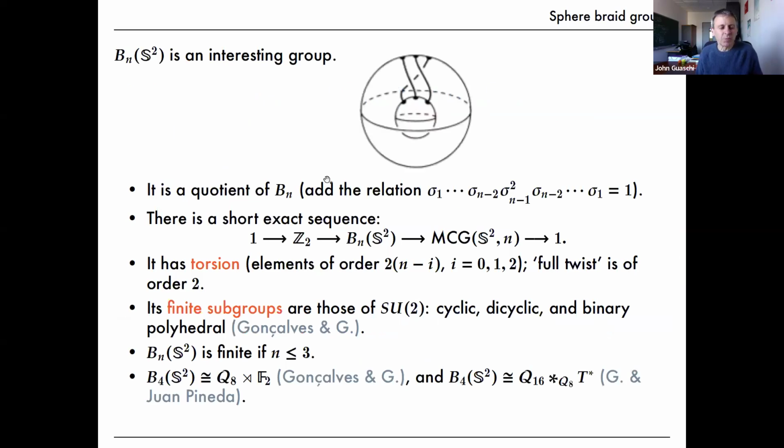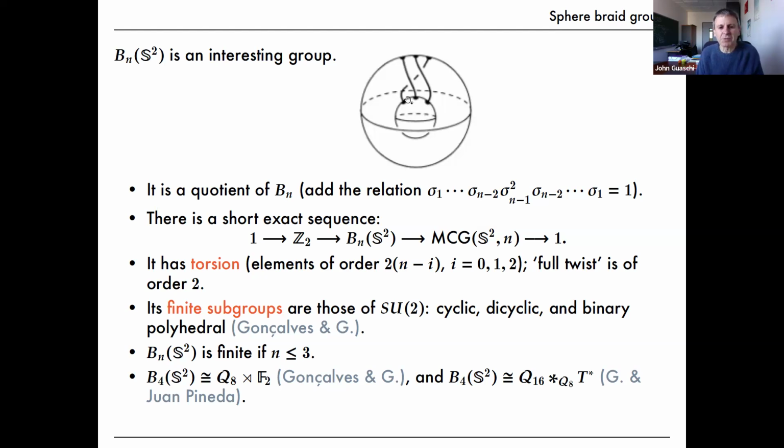If we look at the braid groups of the sphere, one way to view them geometrically is this: when you construct the braids on a geometric level, for example the Artin braids, you look at the plane cross the unit interval. If you want to do the same thing for the sphere, you look at the sphere cross the unit interval.